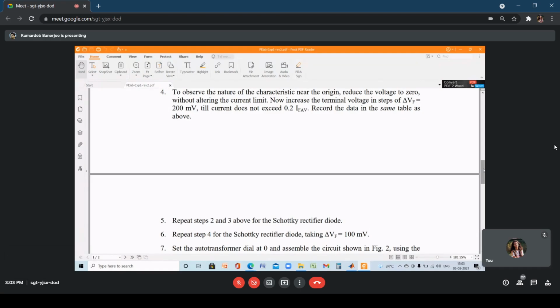Now you change the power supply voltage in steps of 0.2 volt. That means first you impress 0.2 volt, find out what is the current. Then you change it to 0.4 volt, then 0.6 volt, and then 0.8 volt to find out what the currents are. Now since the current is limited to 1 ampere, once you go to 0.8 volt, that's because the cut-in voltage of a silicon diode is 0.7 volt.